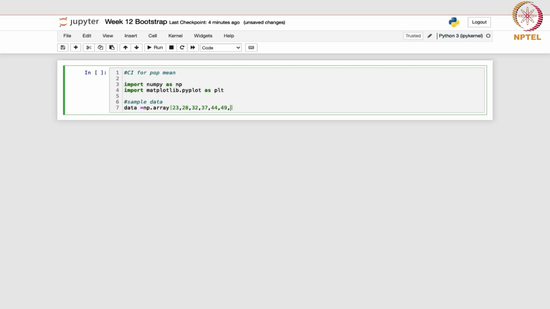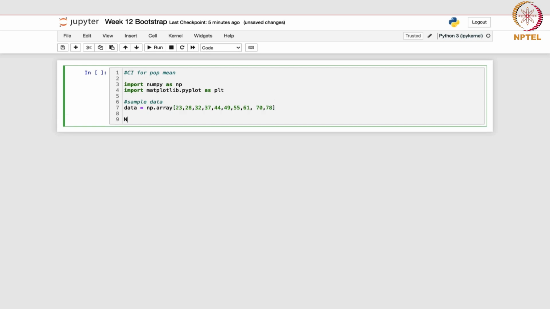These are just some randomly chosen numbers. You can change these and work accordingly. So basically here we have created an array of your sample data.